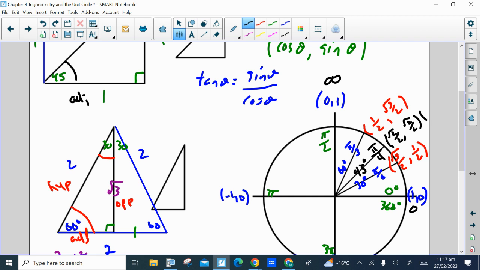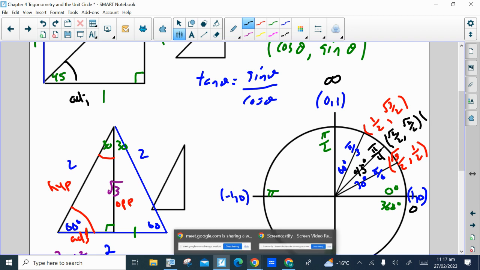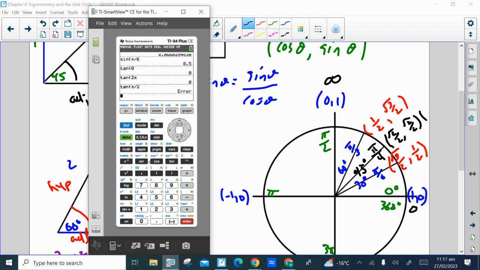That's the tangent of 45 degrees or pi on 4 radians. Because at that stop on the unit circle, the cosine and sine are identical. So when you divide them, you divide something by itself, you're going to get 1.